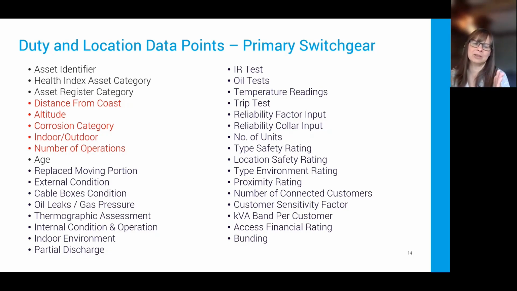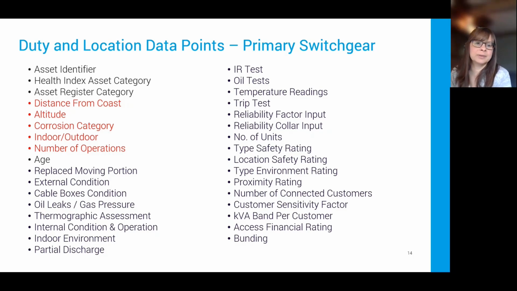But in that case, we've kept the generic shape of the methodology and they just get defaulted to a value of 1. So they don't have any impact, because location and duty are a multiplier, but they are there to keep the general shape. And that just means that when you're looking at a cross-asset report, you can see how many assets are at that default position.